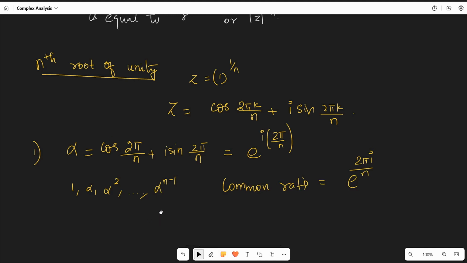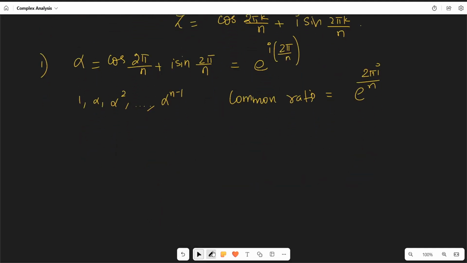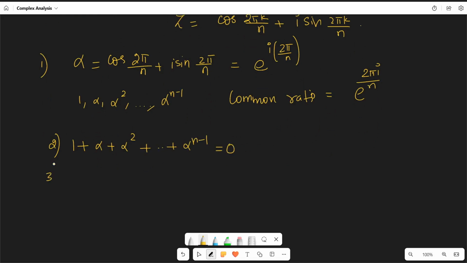Next property is addition and multiplication. Here also we have the addition 1 plus alpha plus alpha squared plus so on till alpha power n minus 1 equal to 0. And the product 1 into alpha into alpha squared so on till alpha power n minus 1 is equal to minus 1 the whole power n minus 1. So always the sum of the nth roots of unity, or the sum of the nth roots of a complex number, is equal to 0 irrespective of the radius.